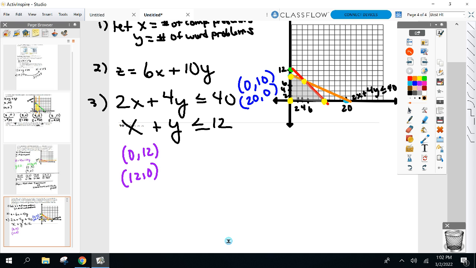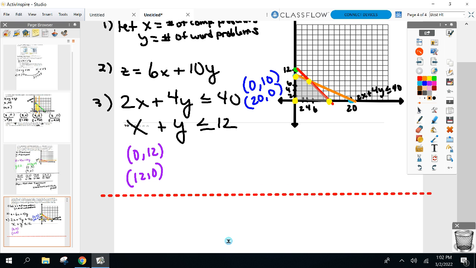Three out of the 4 are still pretty easy. The old 0, 0 is there. What's the one above it? 0, 10, that was an intercept. The one on the x-axis would be 12, 0.